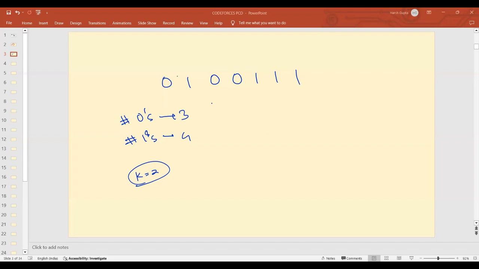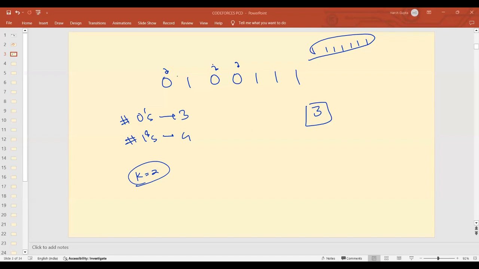No, right? Can anyone tell me the minimum k I require to convert all the characters equal? 3. Does everyone agree that the minimum k required is 3? You can choose these 3 bits, flip them, and you will obtain 1, 1, 1, 1, 1, 1, 1, all the characters equal.